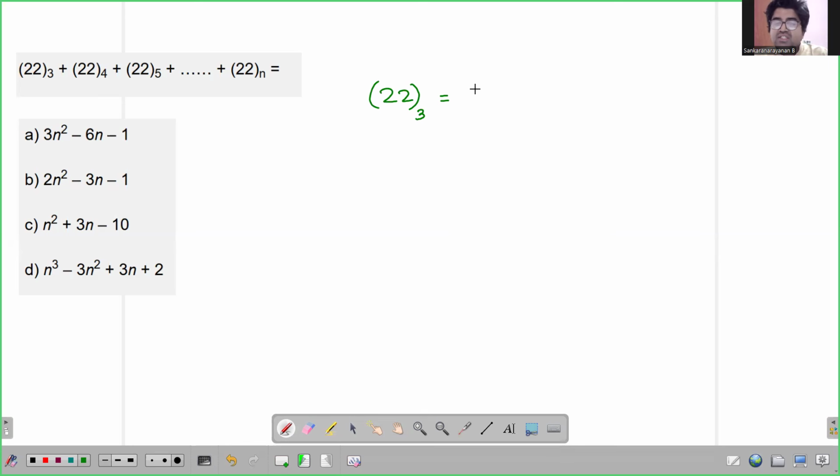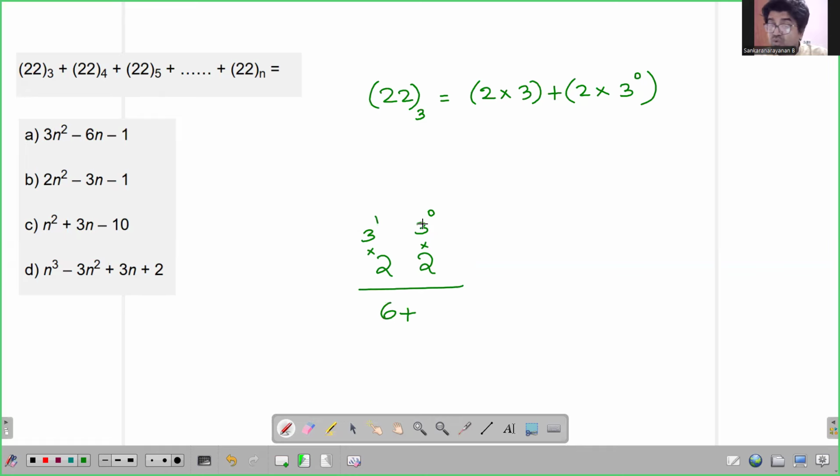So this is as good as 2 into 3 plus 2 into 3 power 0 if you consider. Because see, this is 22 to the base 3. So I can consider 3 power 0 and 3 power 1 here. So if I am converting it into the decimal equivalent, I can say it is 2 into 3, 6 plus 2 into 3 power 0 is 1.